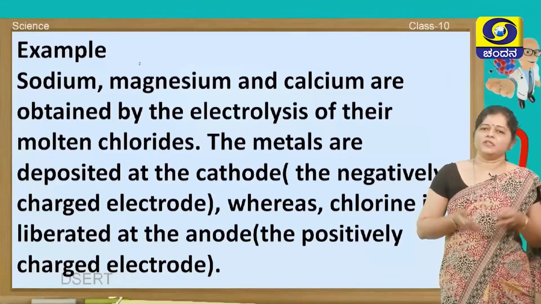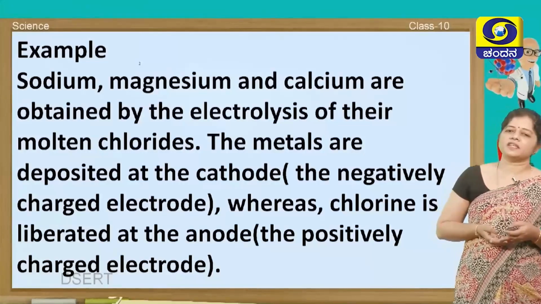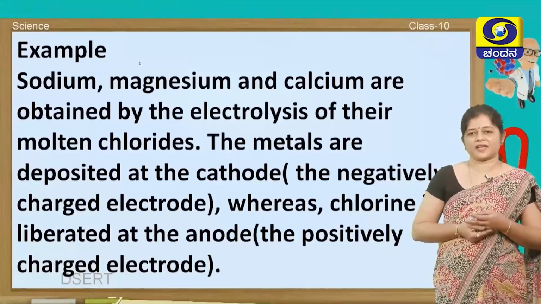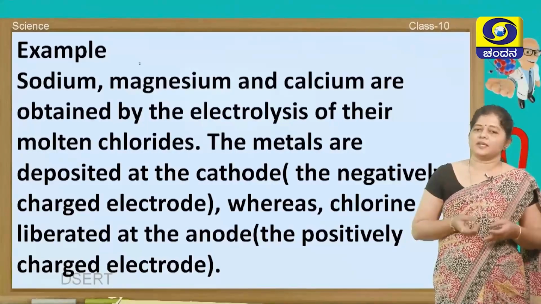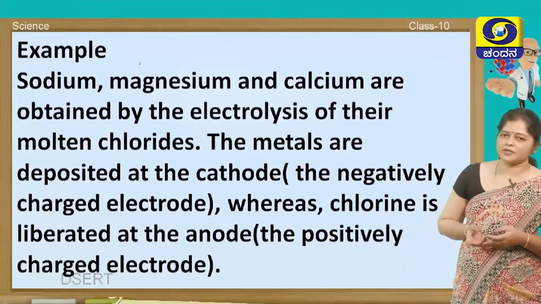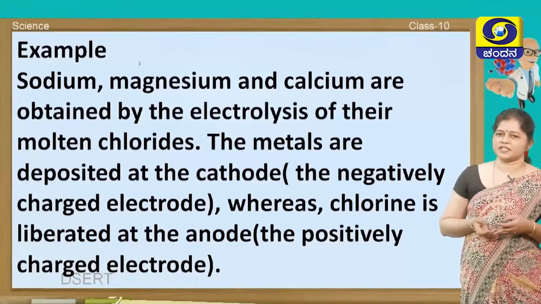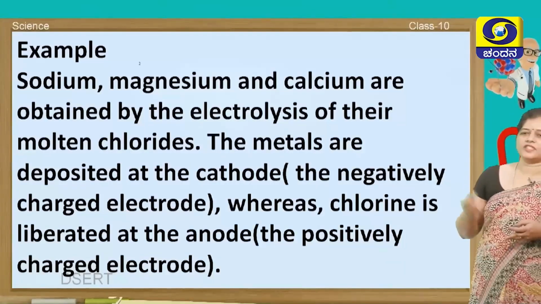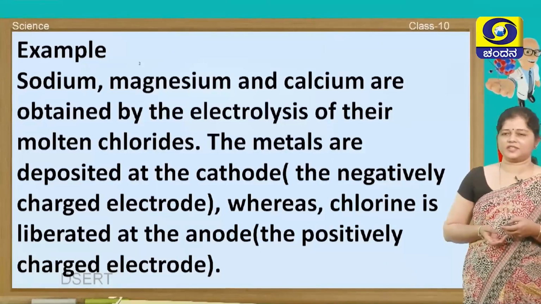For example, sodium, magnesium and calcium are obtained by the electrolysis of their molten chlorides. The metals are deposited at the cathode, that is the negatively charged electrode, whereas chlorine is liberated at the anode, which is the positively charged electrode.